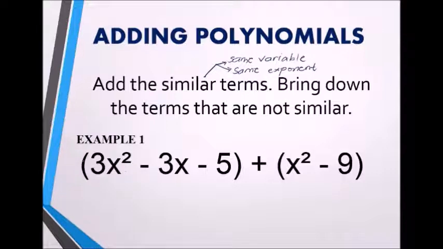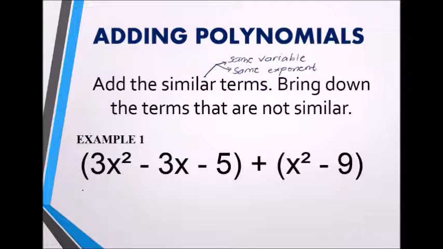For example, 3x squared is similar with another term with the variable x and an exponent of 2. Hindi pwedeng itong dalawang to dahil ito namang x na ito ay walang exponent na 2. Kung wala dito siya sa polynomial na to nakasimilar, let us look on the other polynomial. Kaya sila naka-parentheses, and that is for us to identify which is the first polynomial and which is the second polynomial.